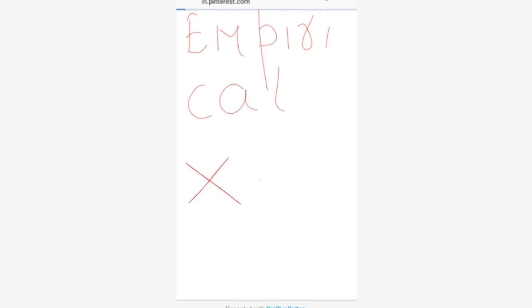There are no other graphical representations which can be used for representing mode. So it is important that mode will be represented only by using a histogram. Okay, so next.